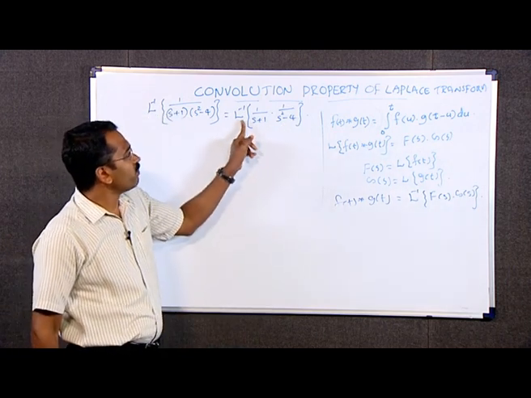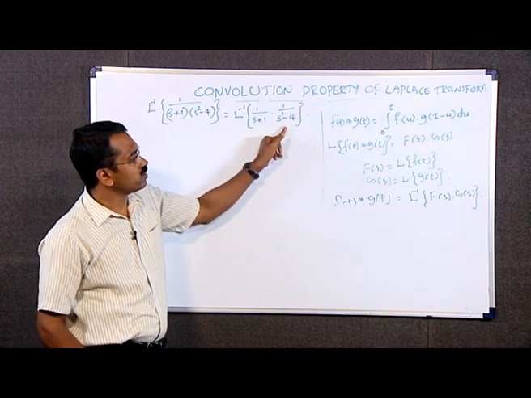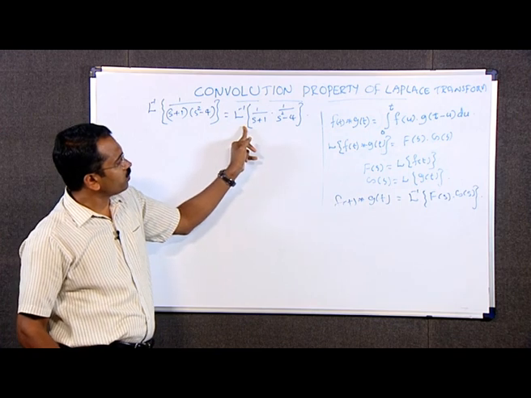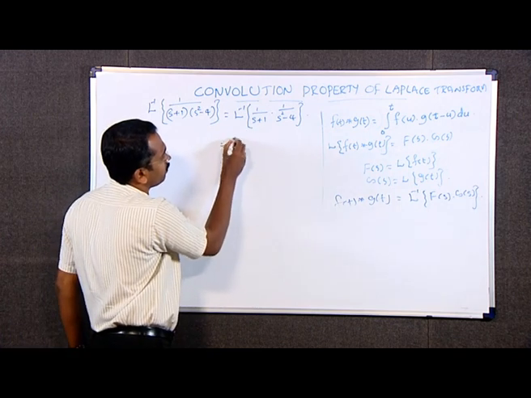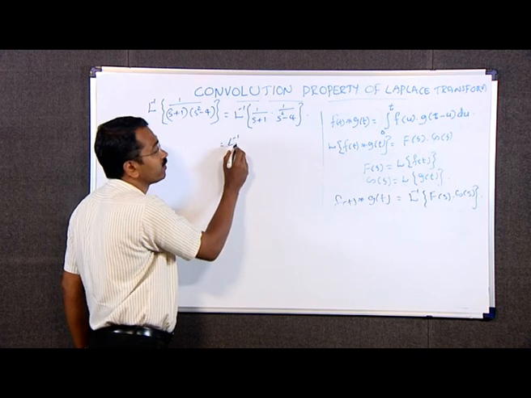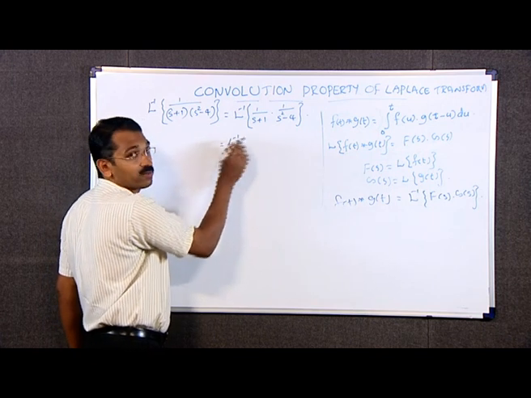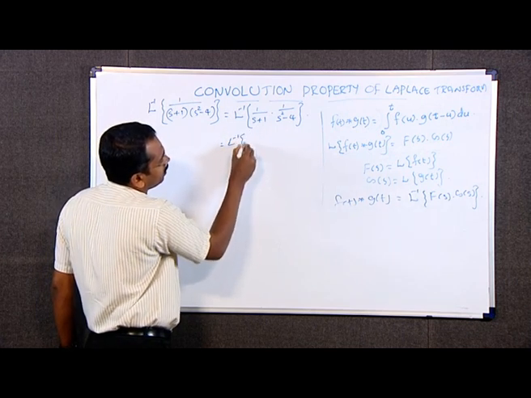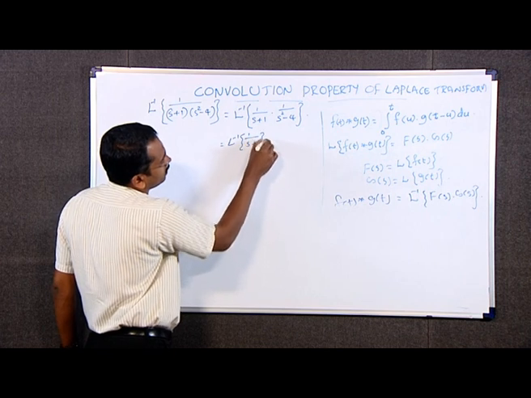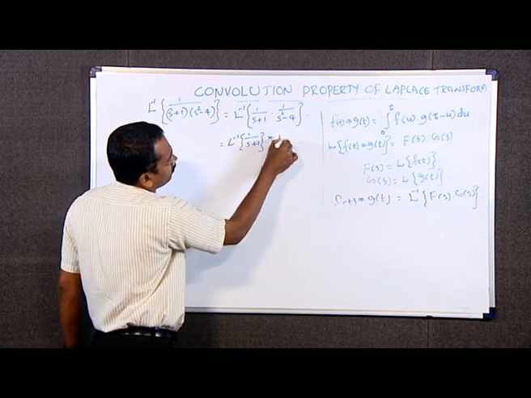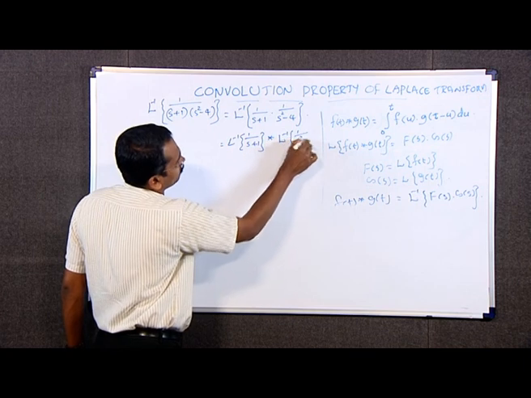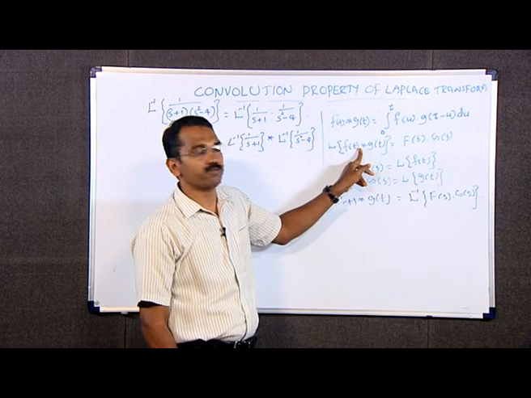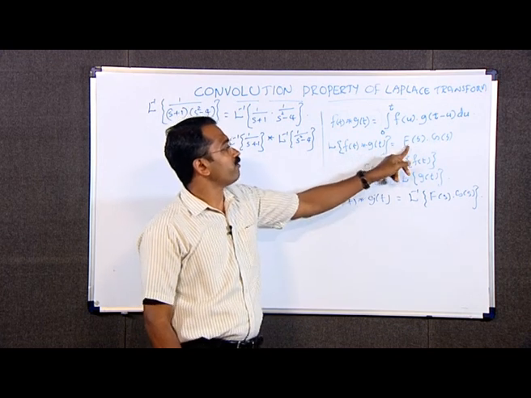This is of the form L inverse of f of s into g of s. By the inverse property of convolution, we can write this as L inverse of 1 by s plus 1 star L inverse of 1 by s square minus 4, because the Laplace transform of the convolution f of t star g of t is f of s into g of s.